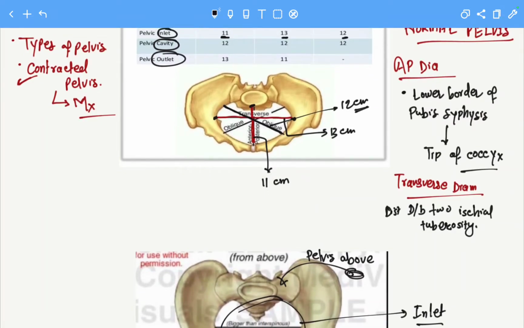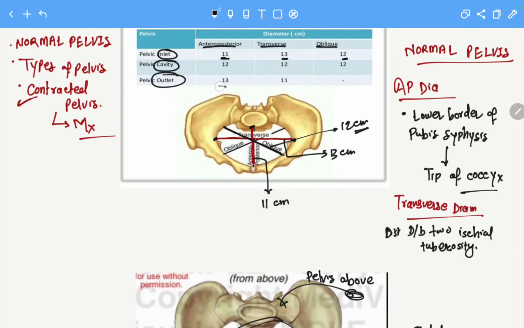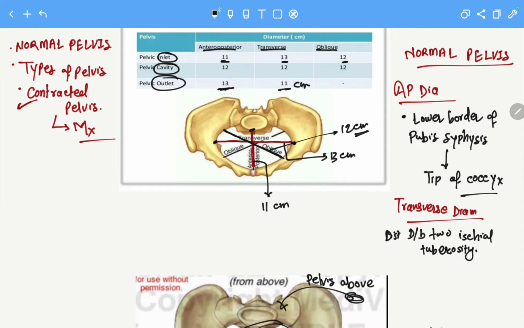For the outlet, it is 13 centimeter and 11 centimeter, and the other would be 12 centimeter, as given in some books. In the cavity, the AP diameter is 12 centimeter, the transverse is also 12 centimeter, and the oblique diameter is also 12 centimeter. That means all the diameters in the cavity are the same.